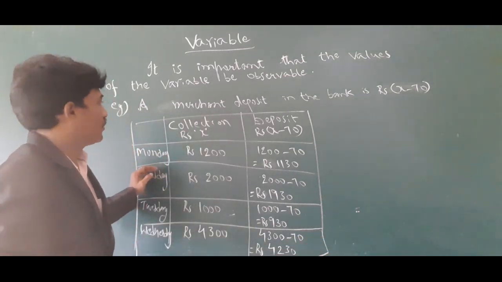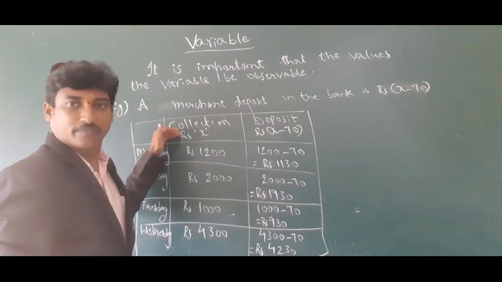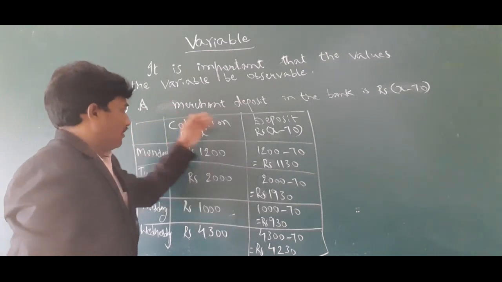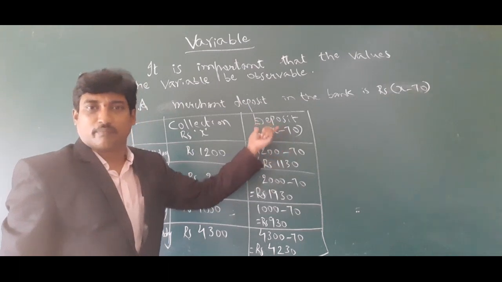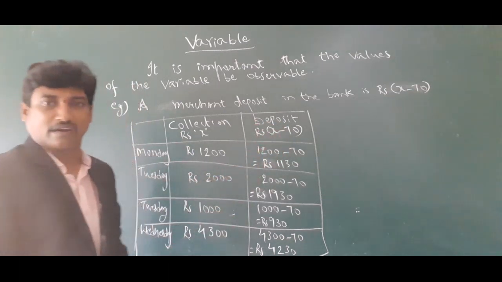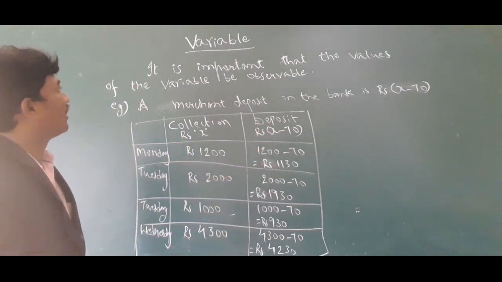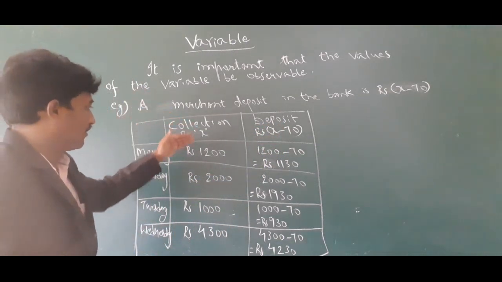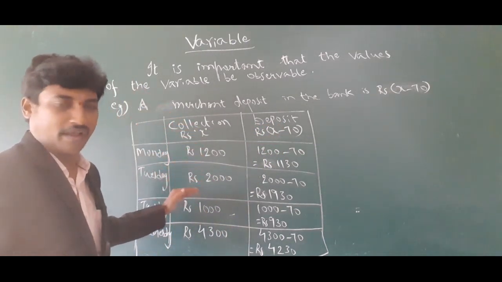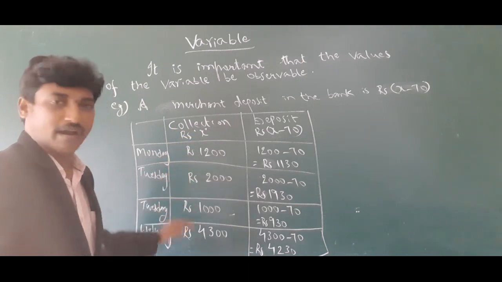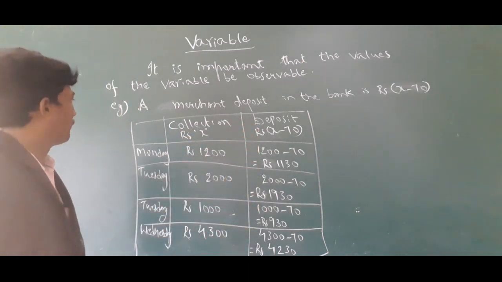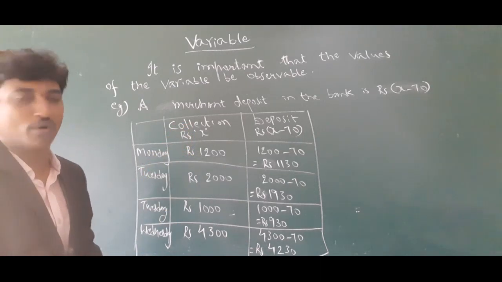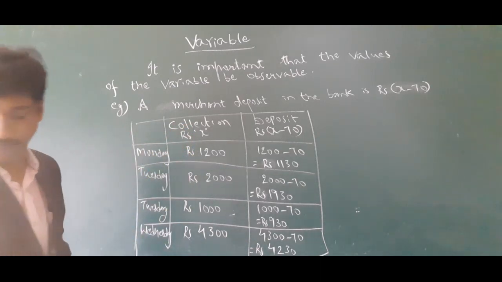In this way, using a variable, we can know the deposit in the bank on that particular day. Every collection on the day and deposit on the day can be observed based on this variable in that week.